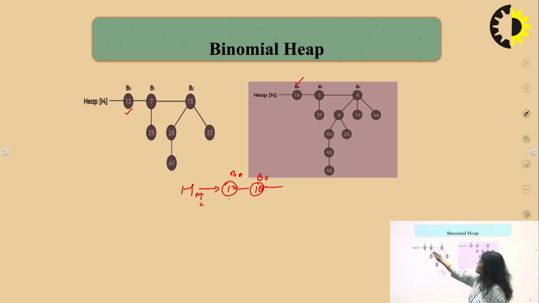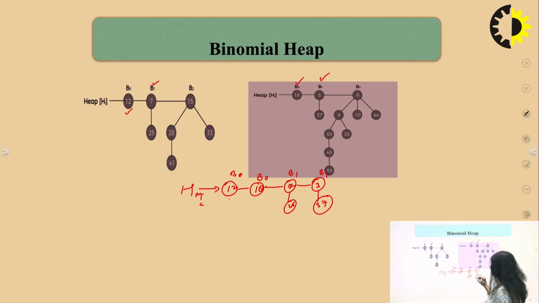Then after this, B1 component I am retaining. So this is B1 with value 7 and 25 here, right? And then there is another B1 component here. So I'm now picking it up, attaching it here. This is 7, this is 3, degree B1, then 37 here, right? And then the next degree binomial tree is B2.